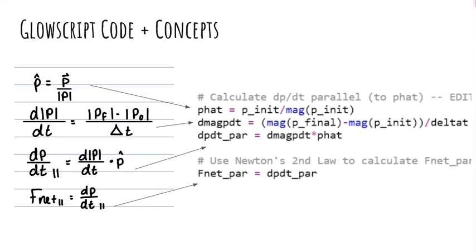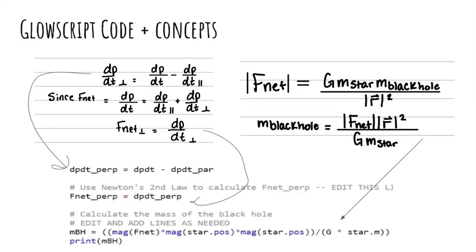We also defined it to be our Fnet parallel, as shown in the last step. Continuing on, we find our perpendicular component of Fnet by subtracting the parallel component from our overall dp/dt. We also define this as Fnet perpendicular in the next step.